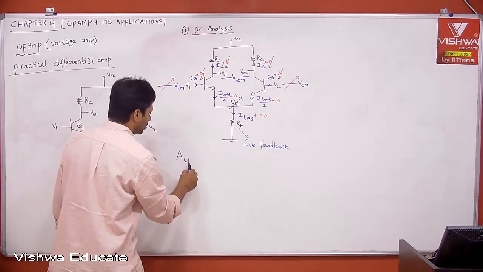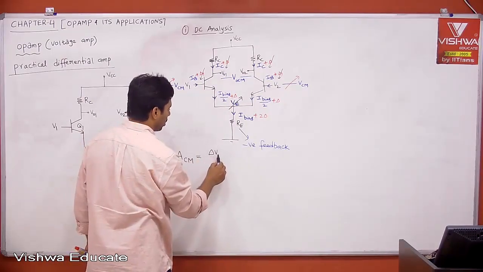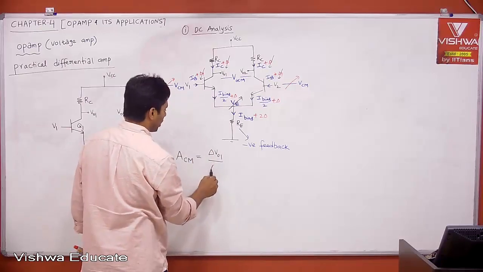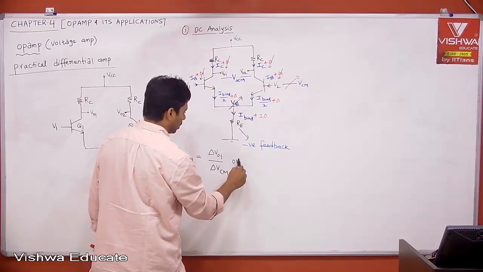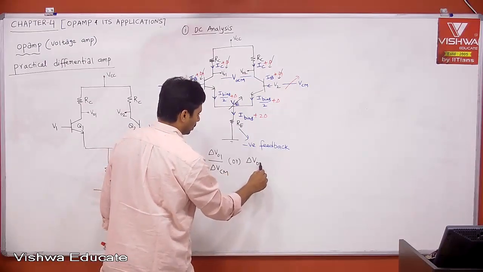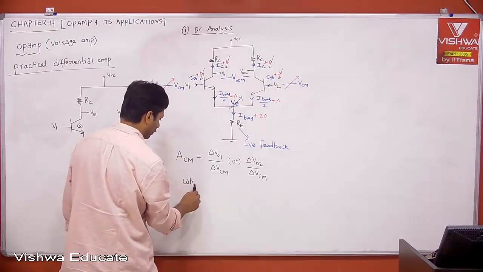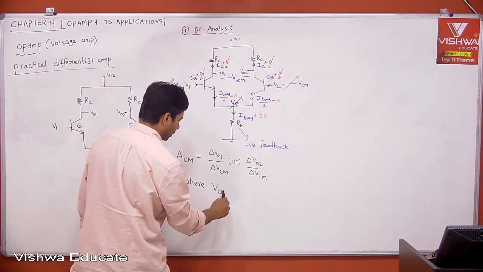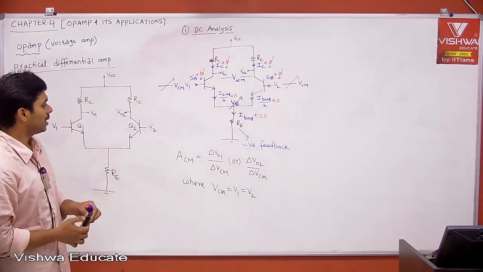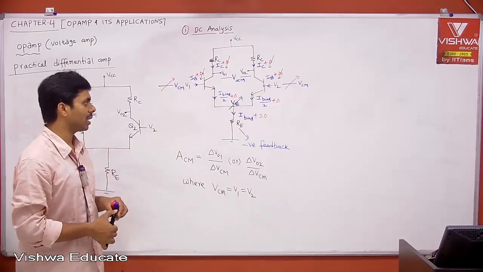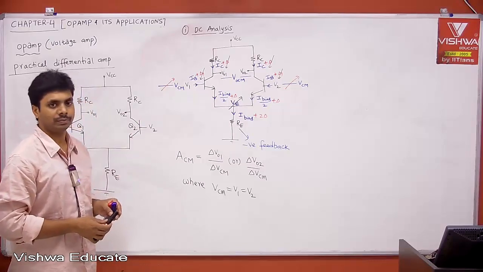Common mode gain is defined as ACM equal to the change in V01 due to the change in V1 or change in VCM, or change in V02, divided by the change in common mode voltage, where VCM is nothing but V1 equal to V2. Take it. Then we will derive the common mode gain using mathematical analysis. That is also straightforward once you know the definition.